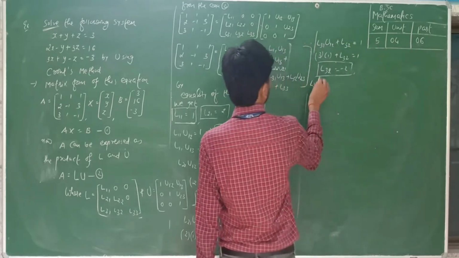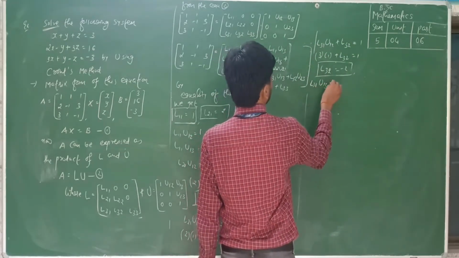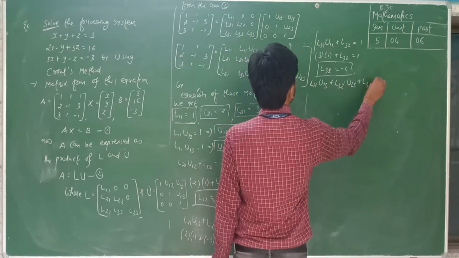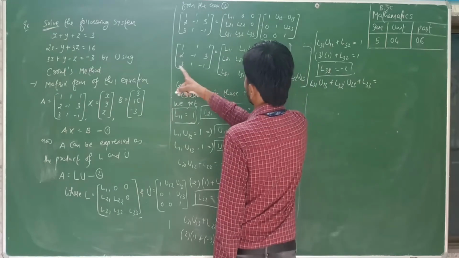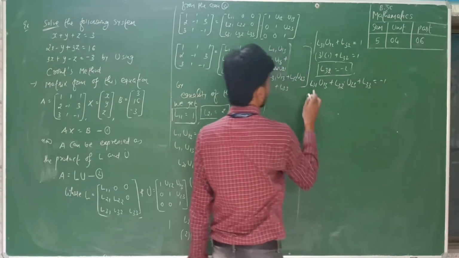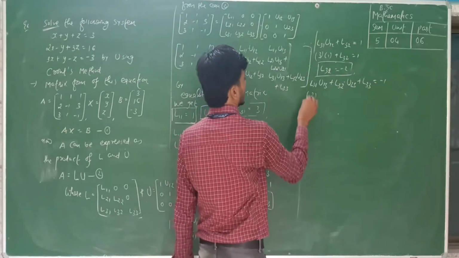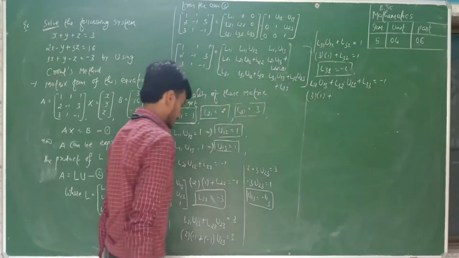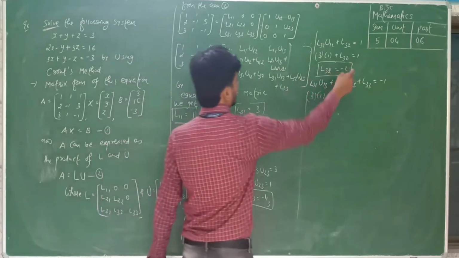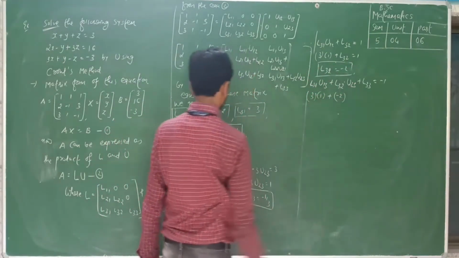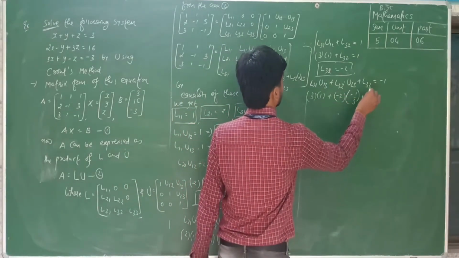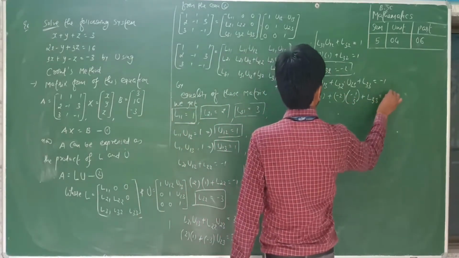Last one, third row and third column: L31 U13 plus L32 U23 plus L33 is equal to minus 1. L31 that means 3, U13 that means also 1, L32 is equal to minus 2, U23 that is minus 1 by 3, plus L33.